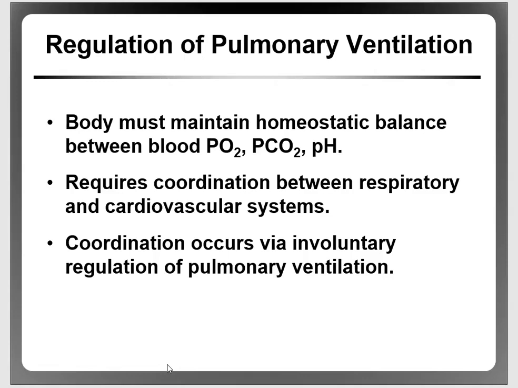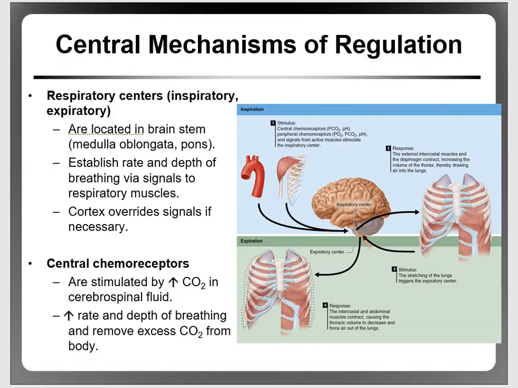All right, so figure 7.14 is this next figure here, and that's showing you all these different centers that are involved. There are different control mechanisms that are involved in breathing. Emotional stress can cause changes.